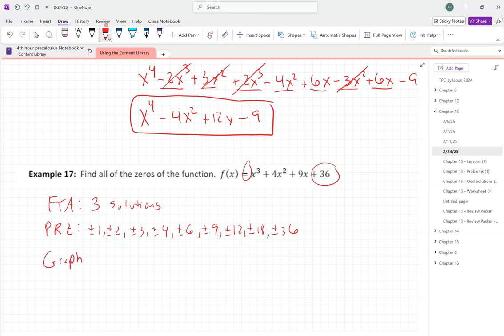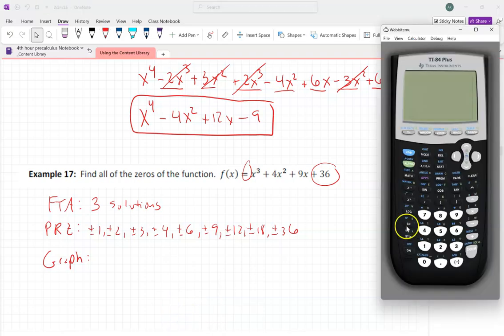If I type this in and I look at my graph, let's look at what I see here. See if we can find a good starting spot. So I see one solution here at -4.